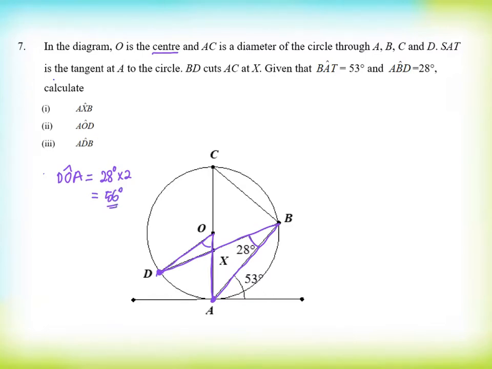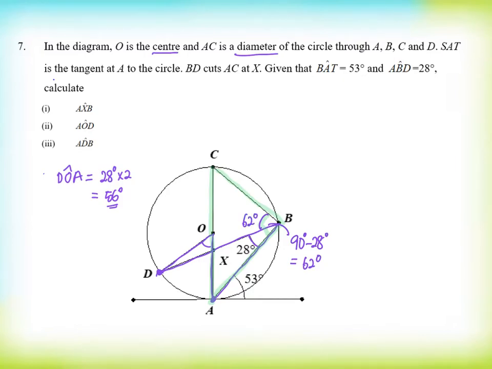And next one, they say AC is a diameter of the circle. Now we will have a semicircle over here. So we can see a semicircle diameter. And as a result, angles in semicircle are 90 degrees. That means this angle over here will be taking 90 degrees minus 28 degrees to be 62 degrees.